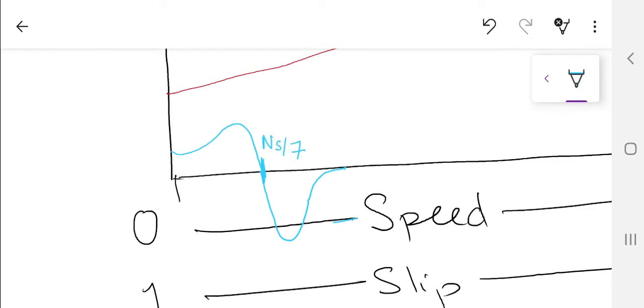I hope I have explained previously that this is the motoring region of the machine, this is the generator region, and if you extend this further back, it is the braking region of the machine. Now what has happened because of this seventh harmonic?